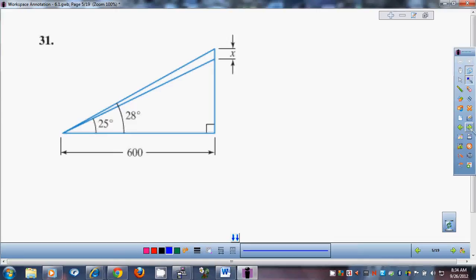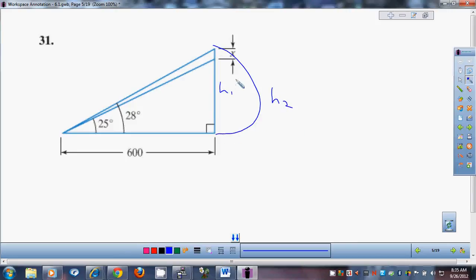Exactly. Look at these two right triangles. You have one right here underneath that line, and you have a big one. If we use 25 degrees, it'll find this piece. If we use 28 degrees, it'll find this piece, and then we can just subtract and find x. Very good. So let's call this height 1 and then the whole thing will be height 2.